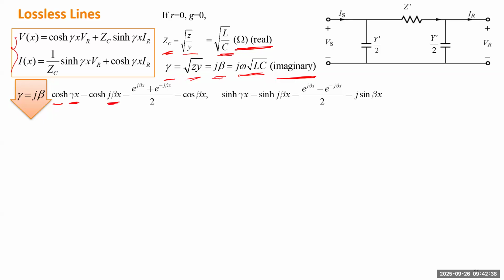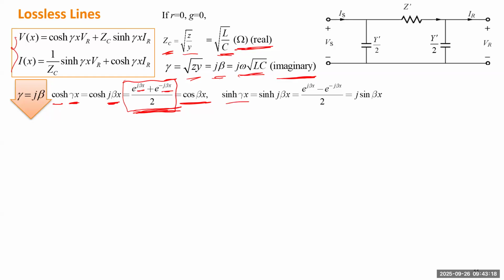If we go back to the definition, the original exponent, which is gamma x, now becomes one j beta x, and the other is negative j beta x. From this formula, you can recognize this is the definition of a cosine function. So cosh gamma x becomes cosine beta x.